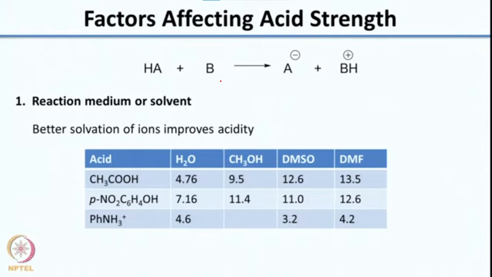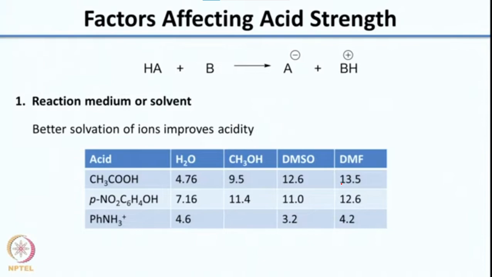Now talking about the acid, suppose this is our acetic acid. Acetic acid will give a low pK value in water, but in methanol, DMSO and DMF the pK value will increase, that means acidity will be reduced.